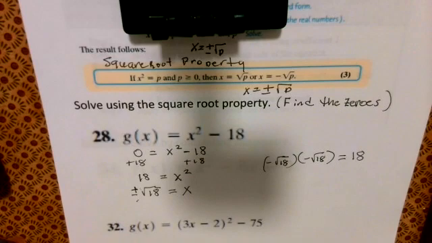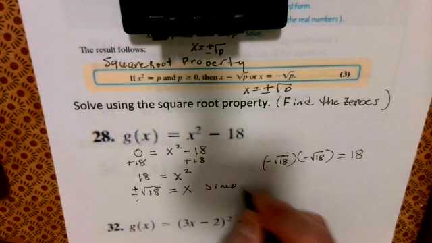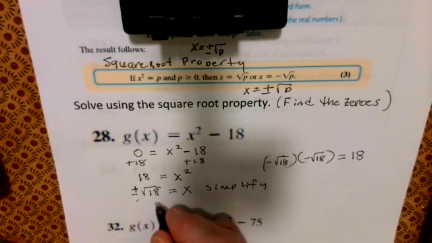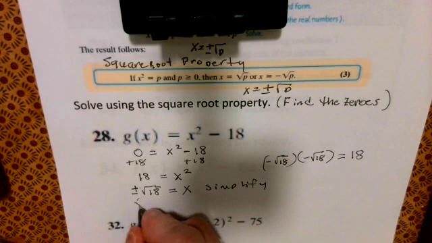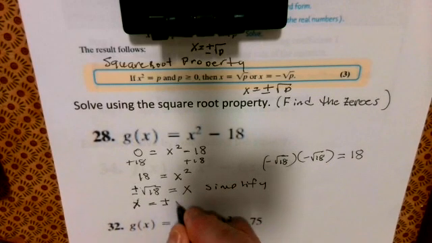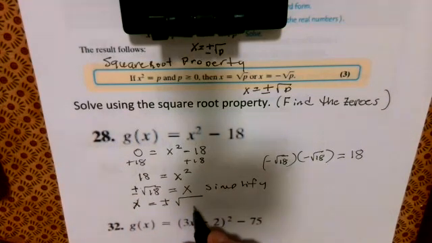Okay, so now this can simplify. And I'm not sure if your MyMathLab makes you simplify it, and probably does, but I'm just going to write it in this order now. If you can divide out a perfect square from this number 18, then you can simplify it.